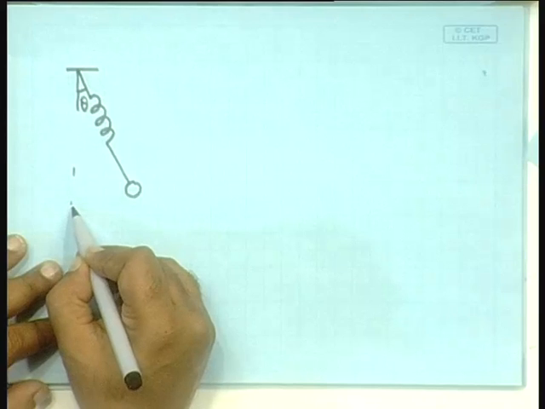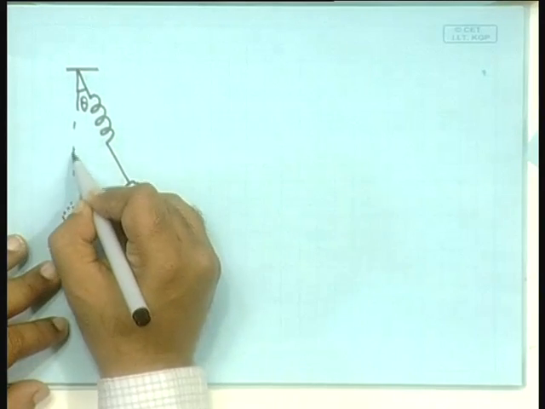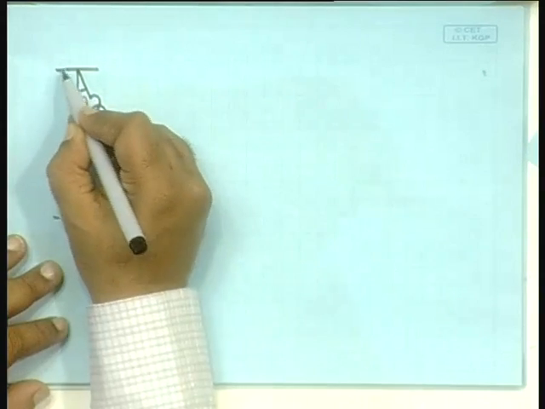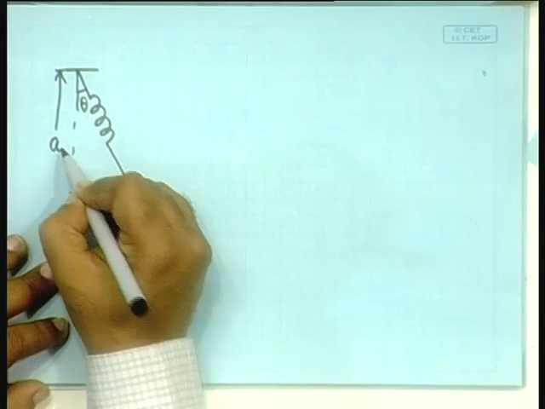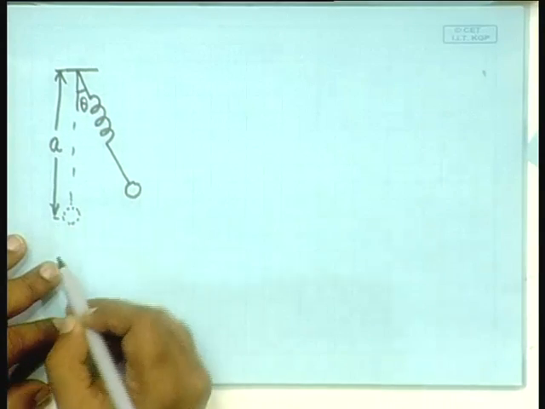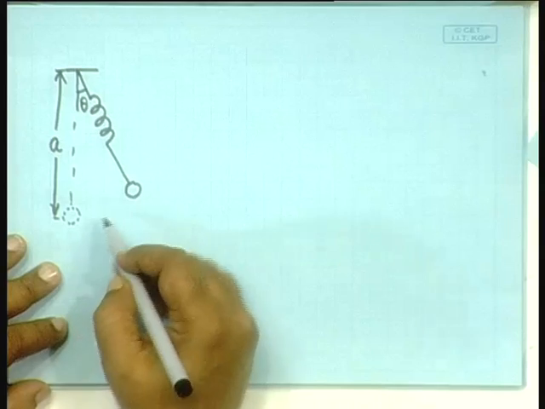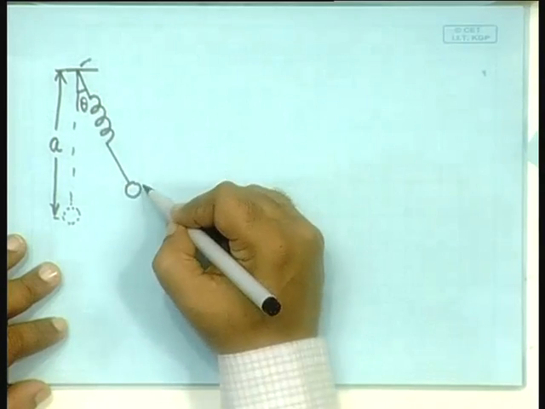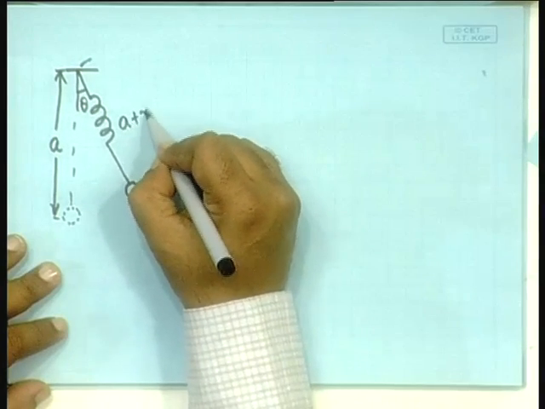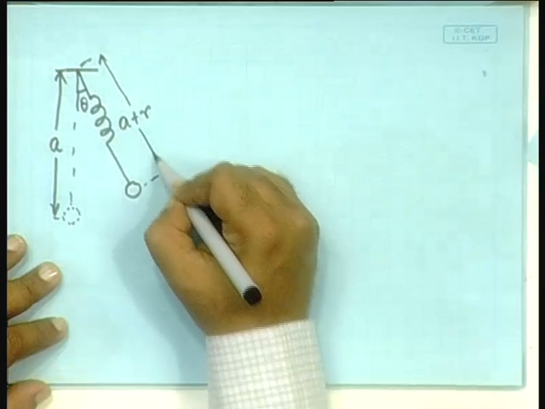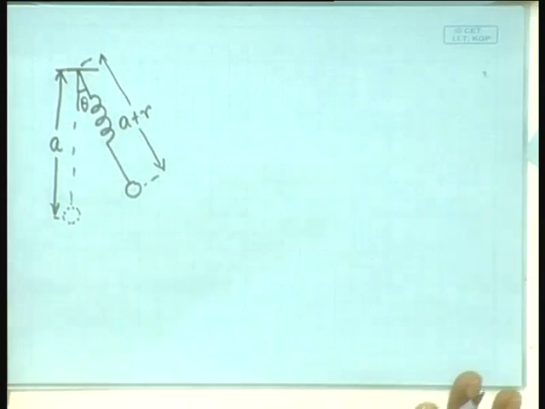When it hangs vertically, this distance was a. Is it visible? Yes. And here this distance was a plus r. That is how we have defined r and theta as the coordinates, and then we have already written down the Lagrangian function.